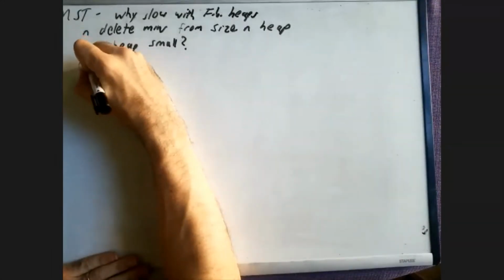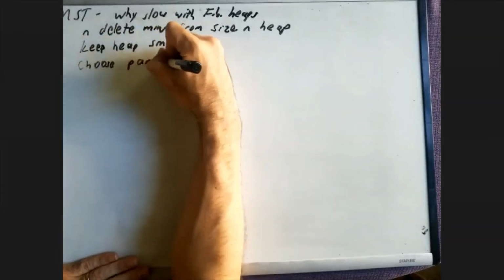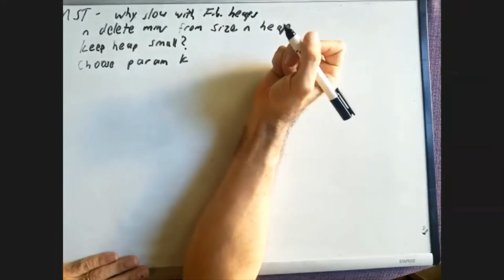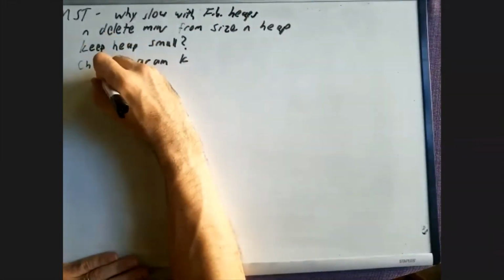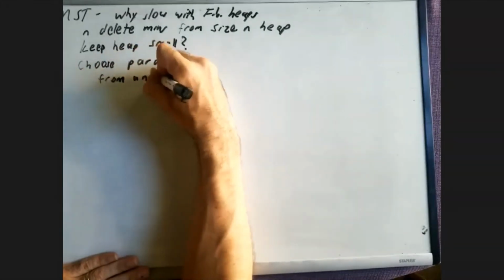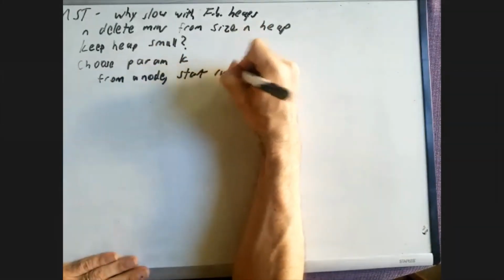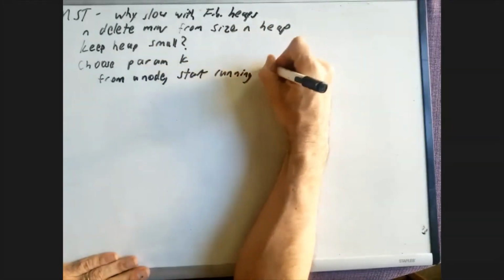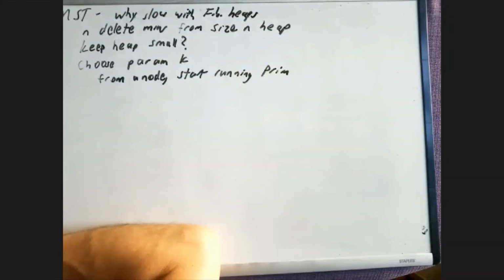So here's how you do this. We're going to choose some parameter k, our maximum heap size. And from a node, we're going to start running Prim, which means we're going to take that node into the minimum spanning tree. Now we're going to insert its neighbors.